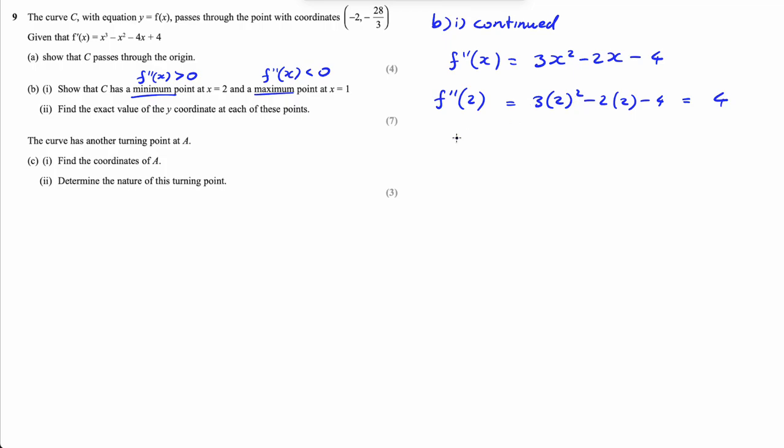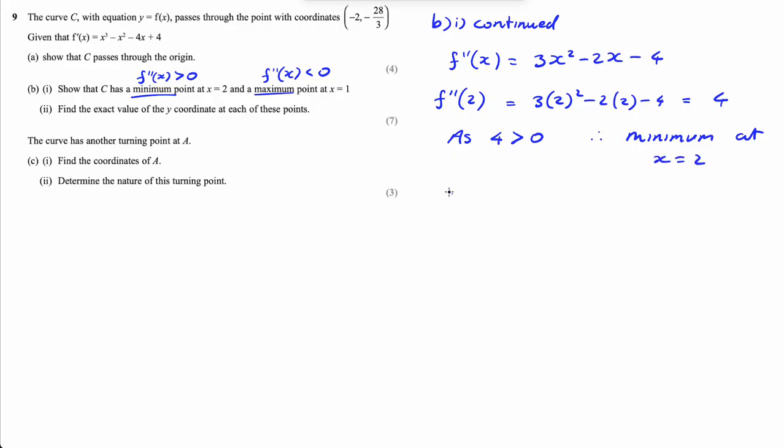As 4 is greater than 0, it's a minimum at x equals 2.